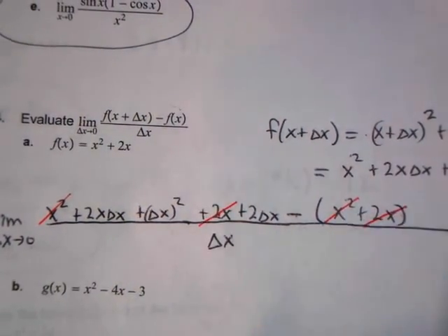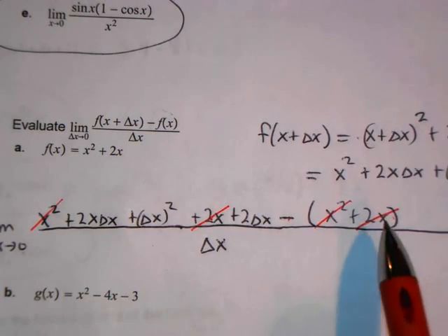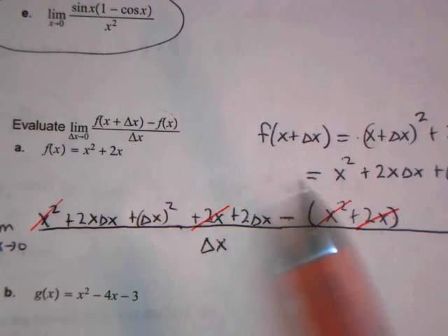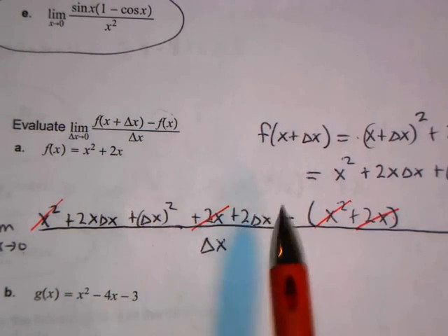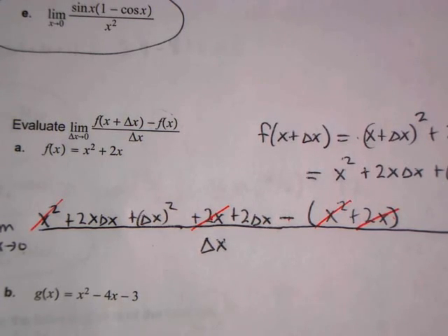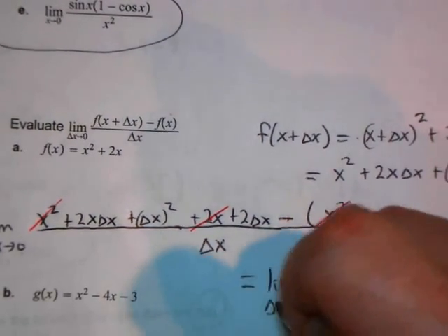When you do a problem like this, you should be able to reduce the numerator, and everything left in the numerator has to have at least one delta x in it. If you have a term left over after you've reduced that does not have a delta x, then you've made a mistake. The reason it's important to have a delta x everywhere is that you can then factor it out.